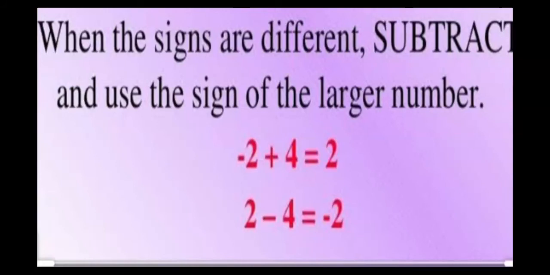Subtract the smaller number from the greater, that is obvious. After subtracting the smaller number from the greater number, you have to put the sign of the greater number. So here you have to be a bit careful. When you have opposite signs, what do you do? Subtract the smaller number from the greater number and put the sign of the greater number.